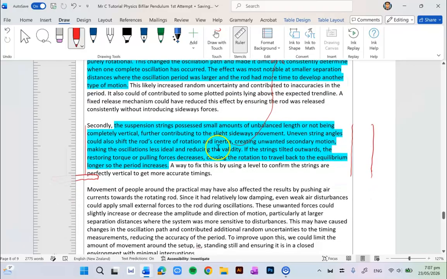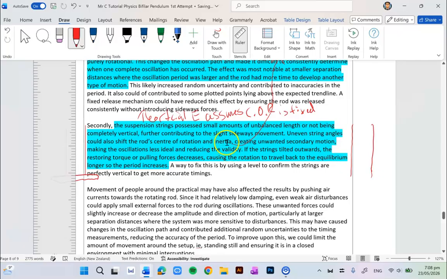And then talking about how it could shift the rod's center of rotation and inertia. Yet again, the theoretical equation assumes that the center of rotation is fixed, right? But if the movement becomes translational, it's actually going to shift that center of rotation.